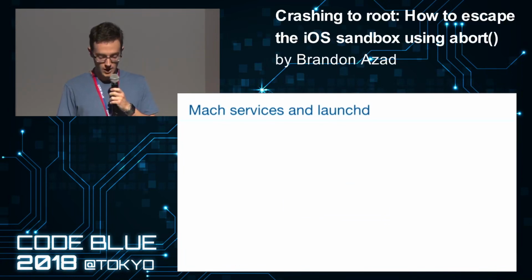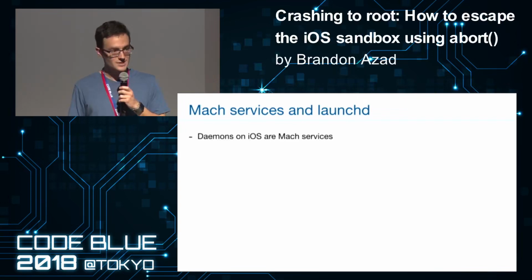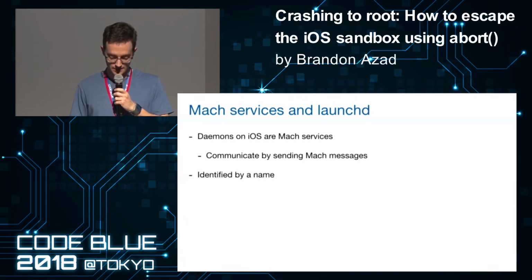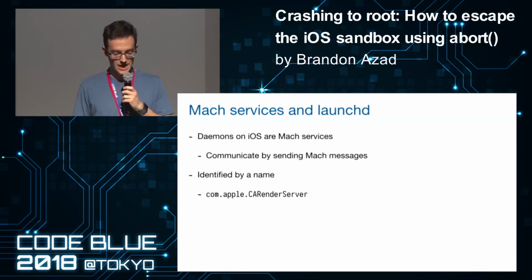Now that we've talked about mach ports, which provide IPC, let's see what daemons on iOS look like. iOS daemons are called mach services because you communicate with them by sending and receiving mach messages. Each mach service is identified by a name. For example, com.apple.CARenderServer is the name for the Core Animation rendering server.